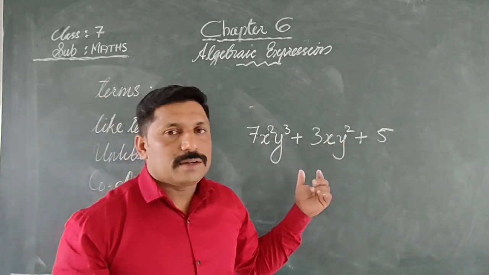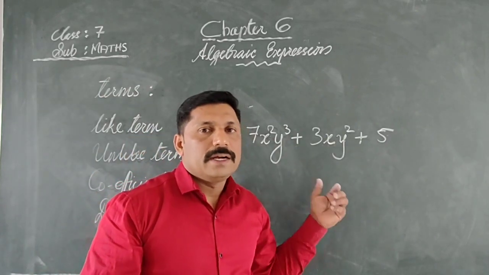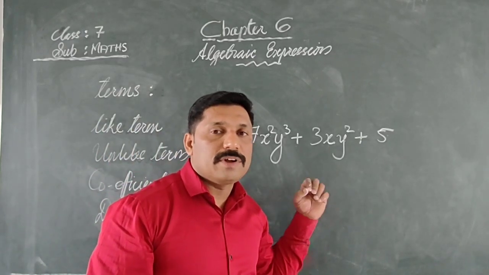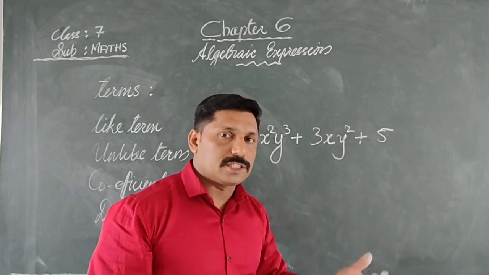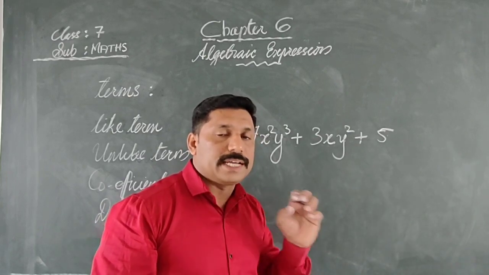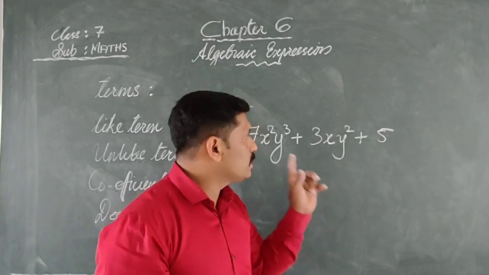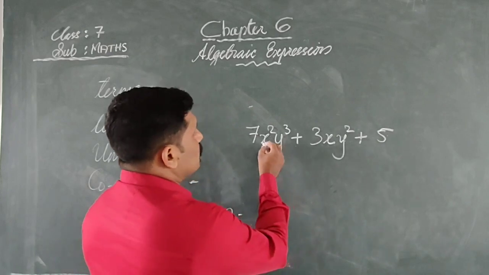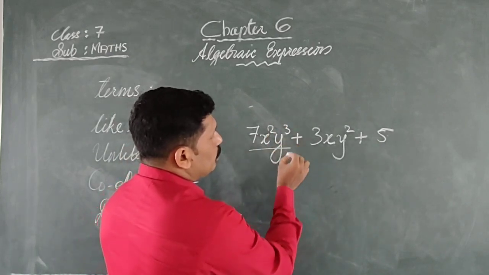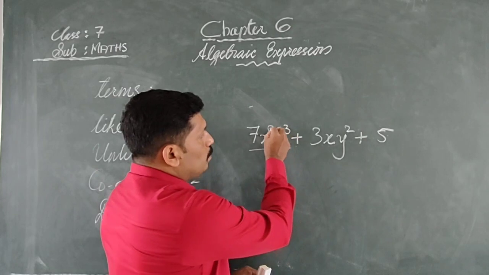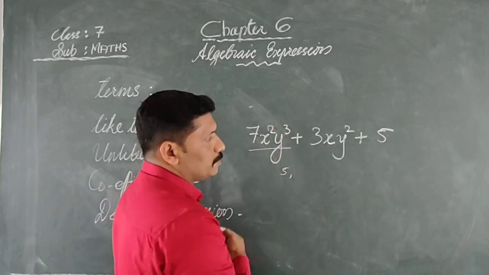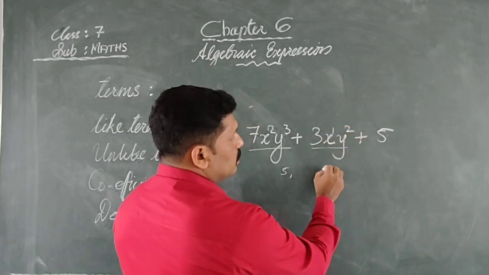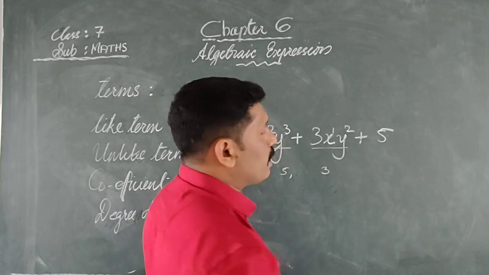So in this expression, what's the degree of this expression? Degree means the highest power of a term in an expression. It is the highest power of a term completely, not of a particular variable. So here, in the first term, 2 plus 3, 5 is the power. In the next term, x has power 1 and y has power 2, so the power is 3. And in the last term the power is 0.